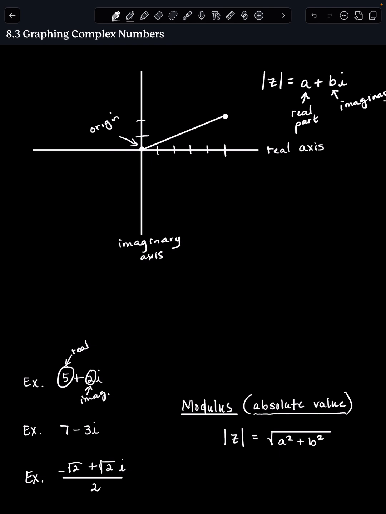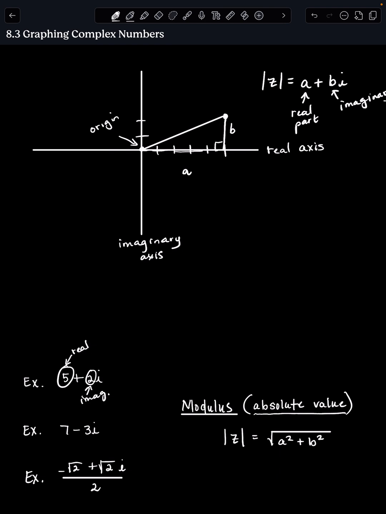We've got our horizontal value, that was my real part, or the a part, and then my vertical distance, I went up 2 units on the imaginary axis. That's my imaginary part.